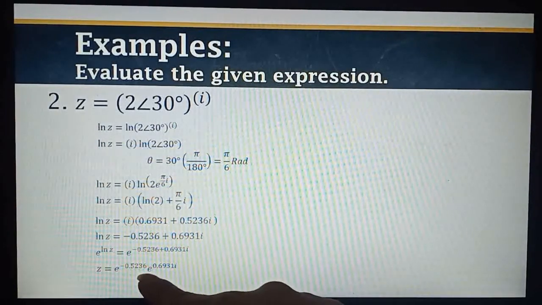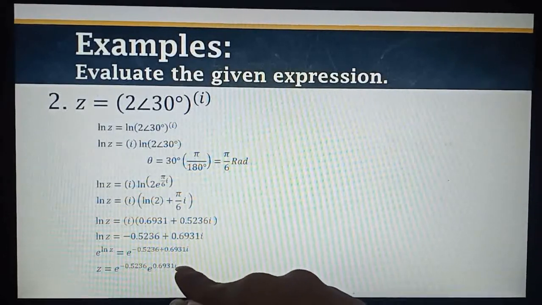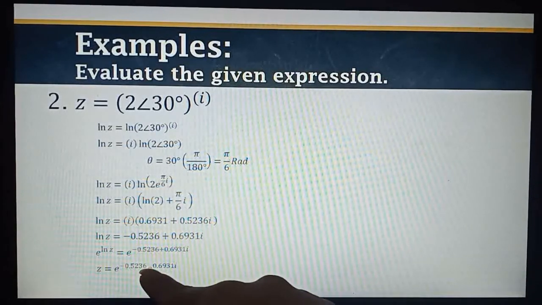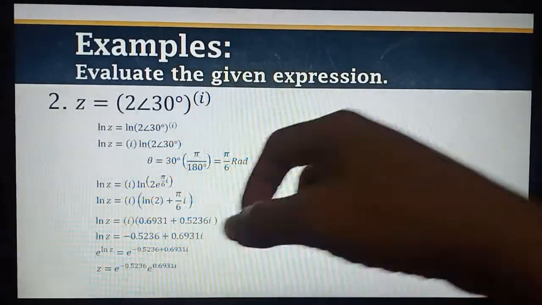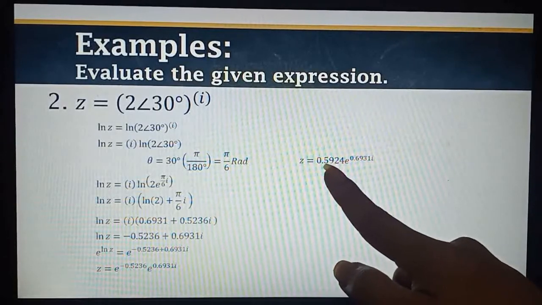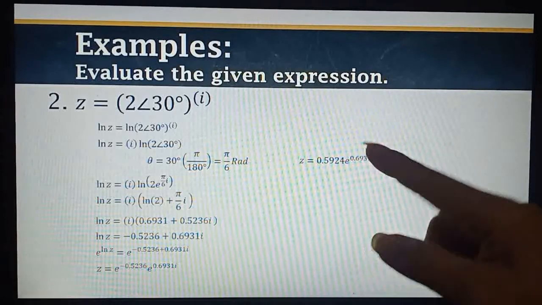So ganun ulit, this is exponential form. This one is yung may theta I, wherein theta is 0.6931. Then since this one doesn't have any presence of I, it will become your R value. So ang magiging equation mo na ngayon is 0.5924, then e raised to 0.6931i.